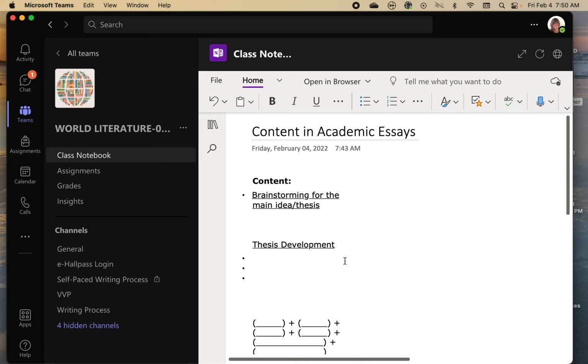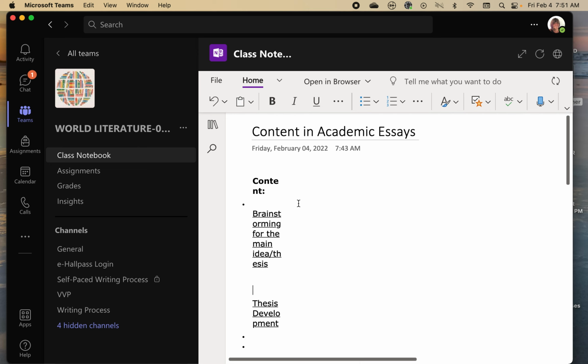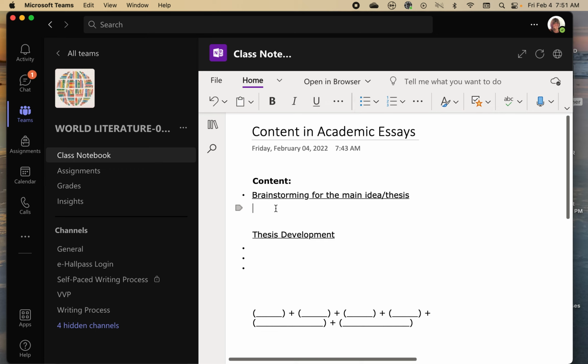So that can be done by hand on a piece of paper. It can also be done on a device like this in your notes app, or in this case, it's going to be in our class notebook. So brainstorming, the purpose of brainstorming is to get all of the ideas out so I can see them and not forget about other ones, to have all of them in front of me.